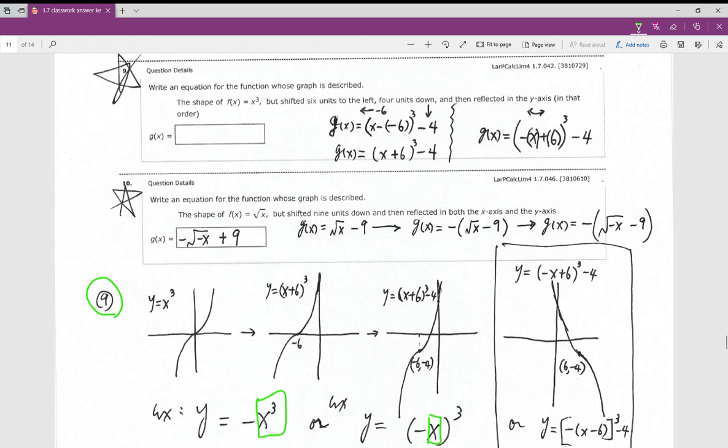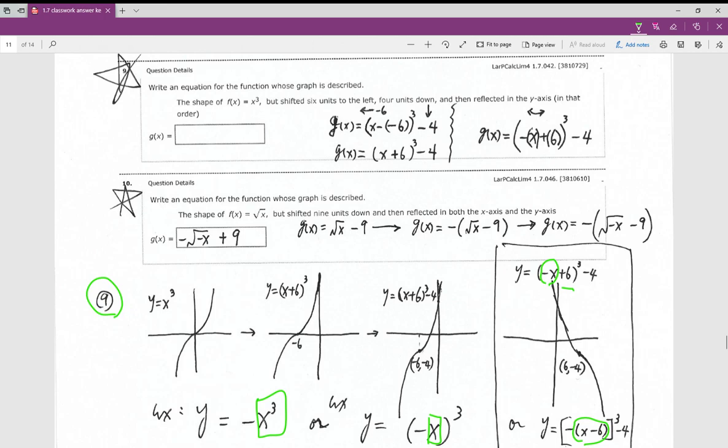But when you have an even function, it makes a big difference. But because number 9 is a cube, I only use cube for the example. When you have negative to the x, or negative outside the parentheses, it makes a difference. So you want to pay attention. I will talk about more detail pretty soon, but let's talk about the number 9 question itself.